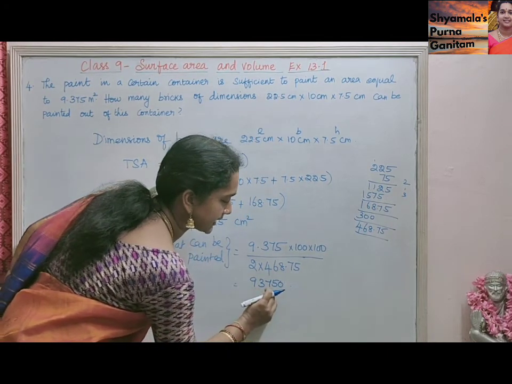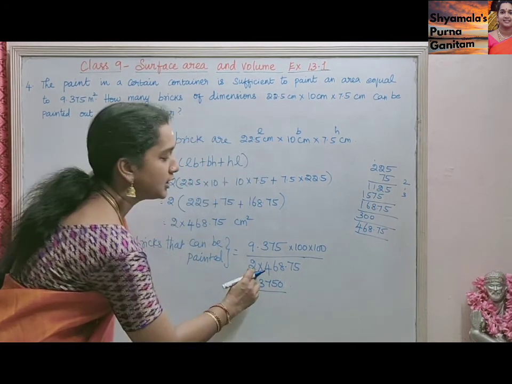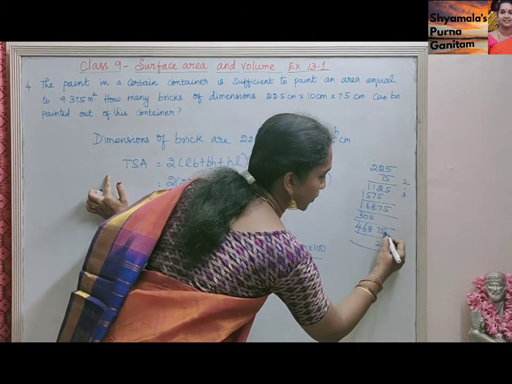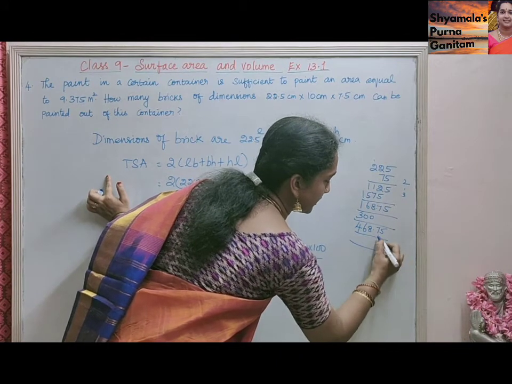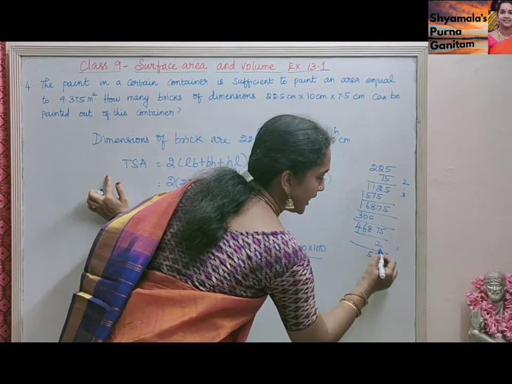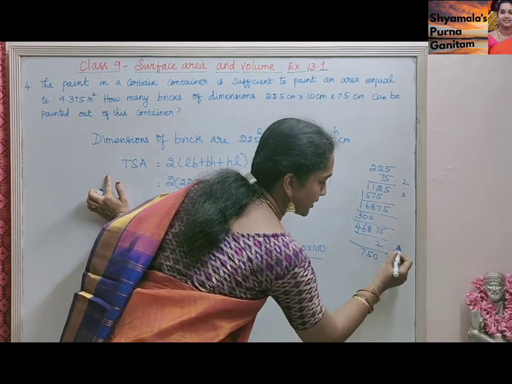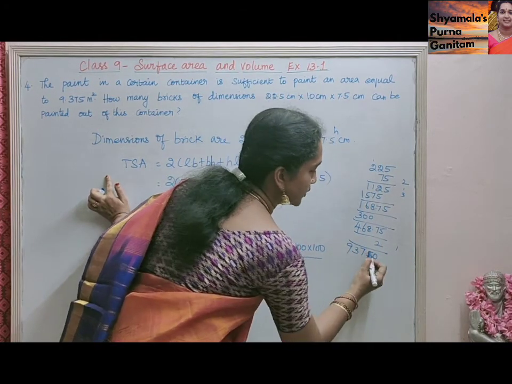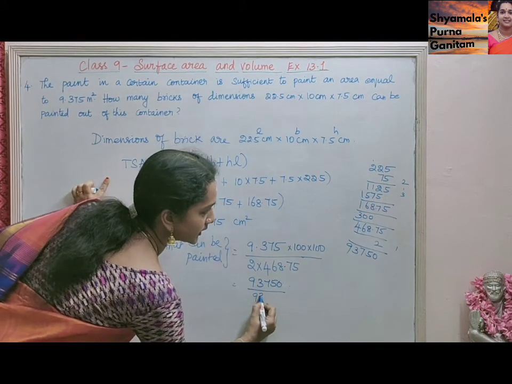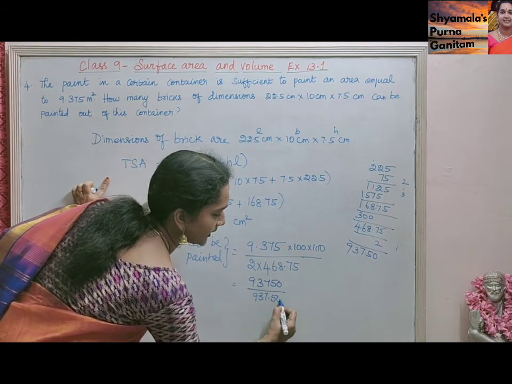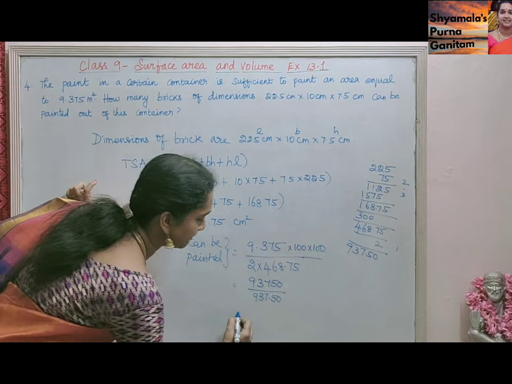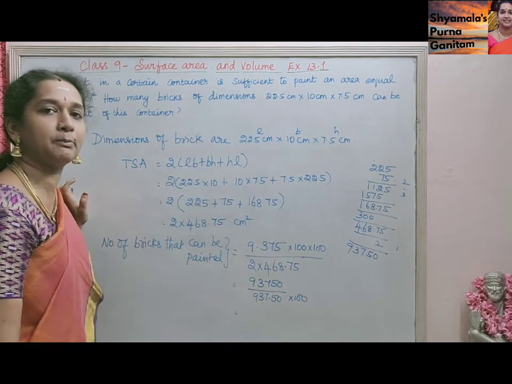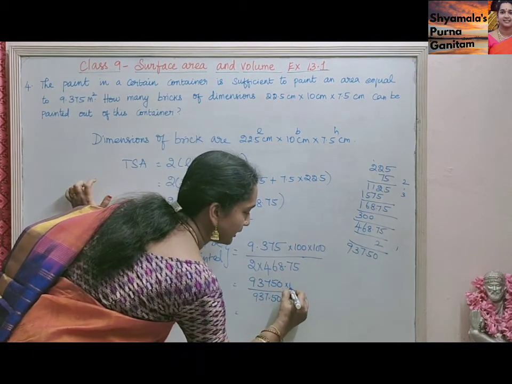So 93750 divided by 468.75 into 2. When we multiply 2 with this, 5 2s are 10, 7 2s are 14 plus 1 15, 8 2s are 16 plus 1 17, 6 2s are 12 plus 1 13, 4 2s are 8 plus 1 9. So we get 937.50. Both are the same now. In the denominator a decimal point is there, so we multiply by 100, and the decimal point goes.